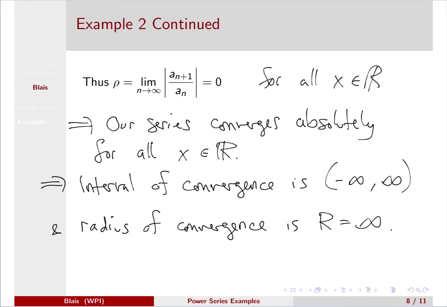So this gives you another extreme type of example of a power series where it doesn't matter what x you plug in. You will always get an absolutely convergent series. So it converges on the whole real line. It converges everywhere.